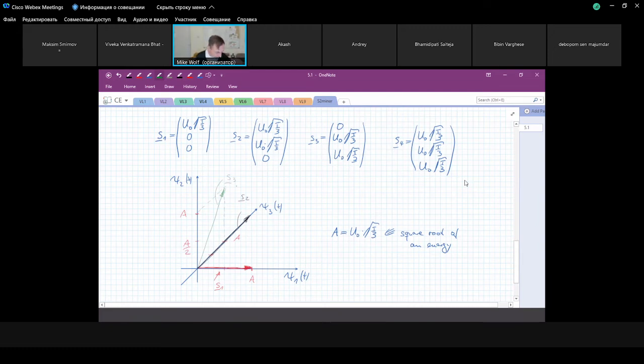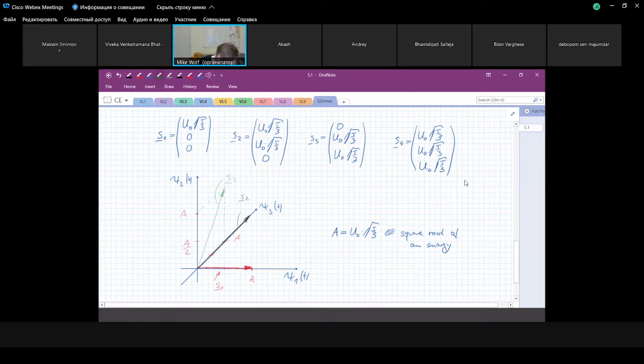And then there is, of course, a last vector, and this last vector is the longest vector. And this vector is basically S4, and it has all components. So how does this S4 look like? It looks like this.